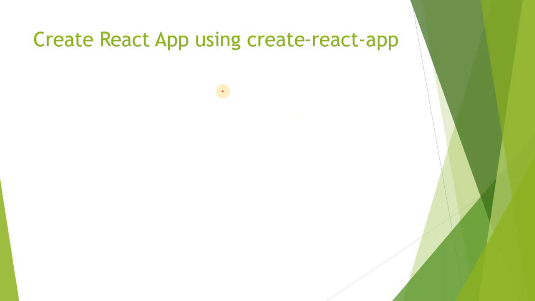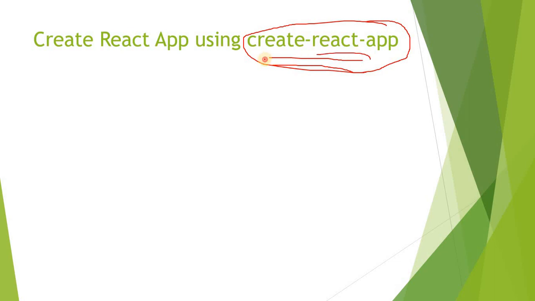Now in the second way we will use a template, that is create React app. With this template it automatically creates a React application, and all the files that we created one by one in the first way, it creates automatically.